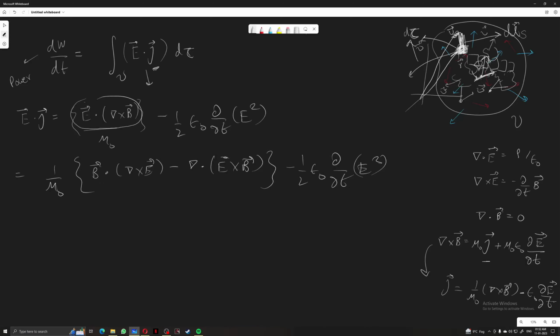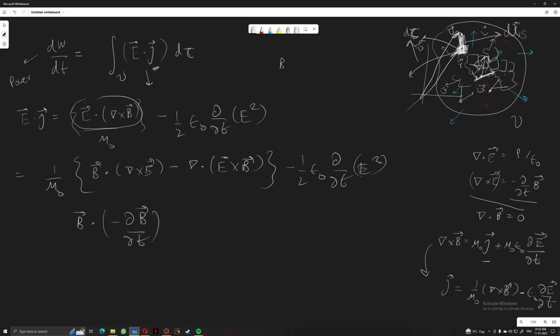See, I can use this equation to remove the curl of E with this, and let's leave this E cross B as it is. I have B dotted with curl of E, which is negative of partial B over partial t. Now again I have a similar term, B dot partial B over partial t, just like I had here.